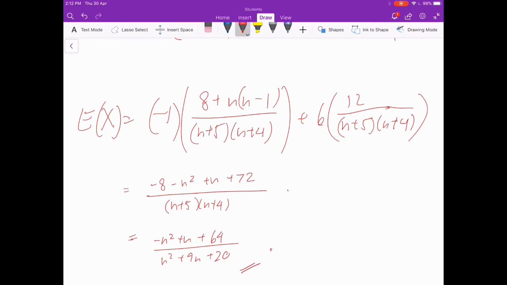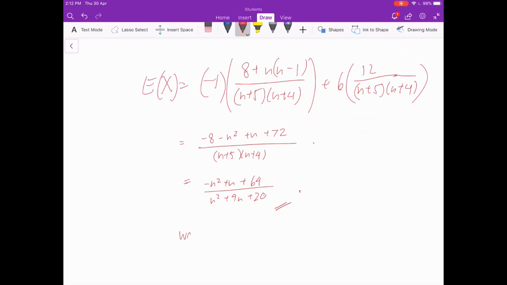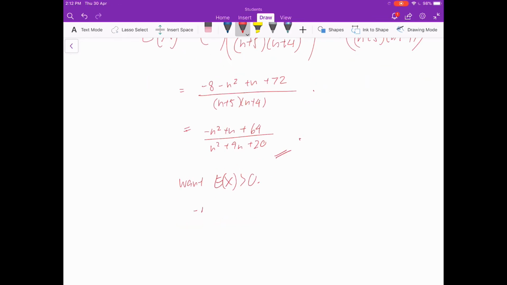Now we want this to be greater than 0. So how do we do that? If you realize, we can just throw away the denominator, because we know that n is a positive number. Number of balls is positive, therefore n is greater or equals to 0. So we know that the denominator is greater or equals to 0. So I can times both sides by the denominator. Sign will not change, I'm sure of that.